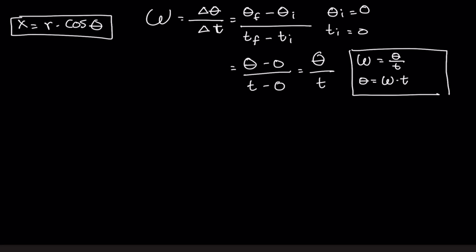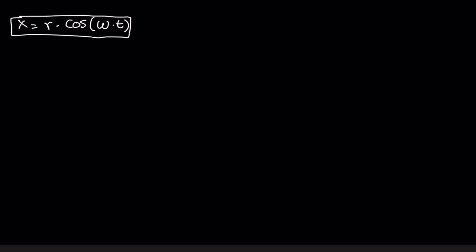So let's insert that into this equation: omega times time. Cool, so we have this. Our objective here is to convert the angular frequency into something else. So let's see what we can do.